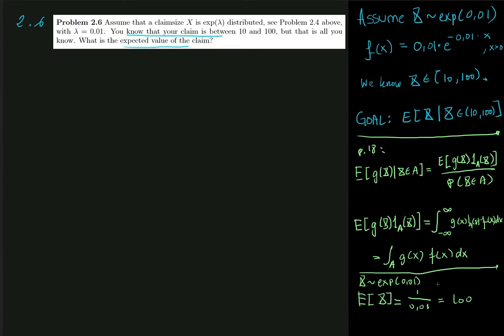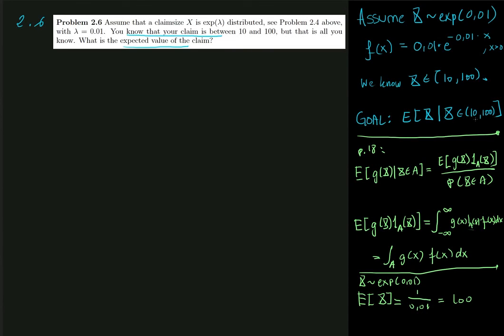And what will be interesting to see is whether the conditional expectation of x, given that it lies between 10 and 100, whether that value is greater than or smaller than 100. Now, something kind of tells us that maybe that value should be smaller than 100, just based on the fact that we condition on the fact that x lies between 10 and 100, then it would be very, very weird if that value is exactly 100.